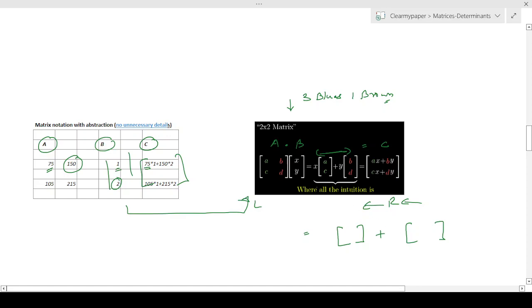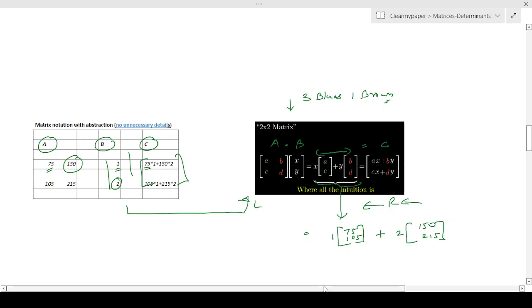I'm writing the first column as 75 and 105, and the second column, which is 150 and 250. And the XY is this, so I'm writing 1 here and 2 here. So this piece matches this piece.